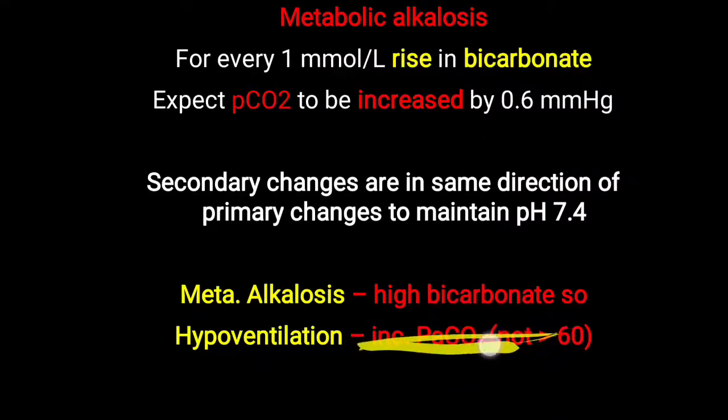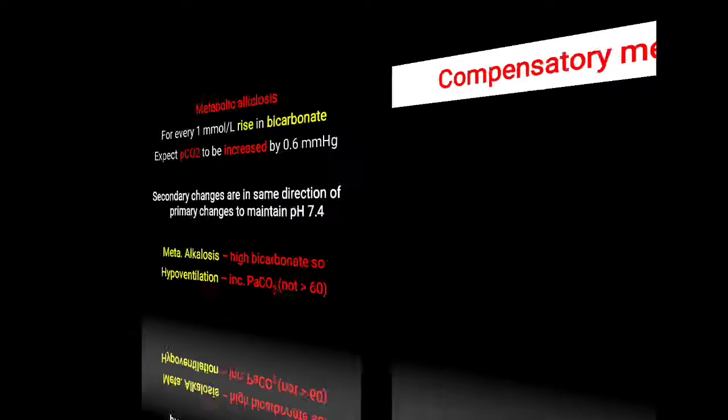For the partial pressure of carbon dioxide to increase, there needs to be hypoventilation. Simply, respiratory rate and depth are decreased. Carbon dioxide will not be eliminated, so its level will increase in the body, leading to increased formation of carbonic acid, which works as an acid to balance the excess base.